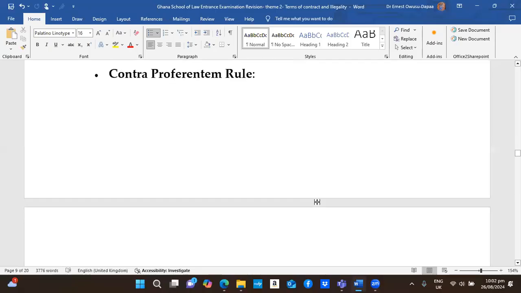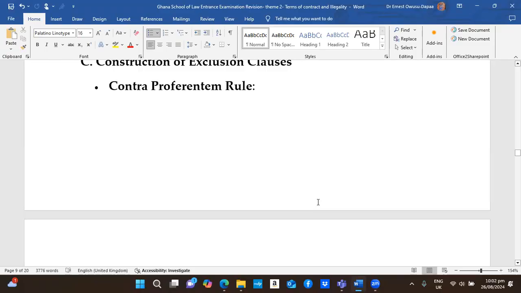Now, having satisfied the requirement of incorporation, having demonstrated that yes, the exclusion clause or the exemption clause forms part of the contract, the other thing we need to be worried about is interpretation. Where there has been a breach of the contract, the other party in whose favor the exclusion, exemption or limitation clause was incorporated may want to take refuge or cover under this particular clause.